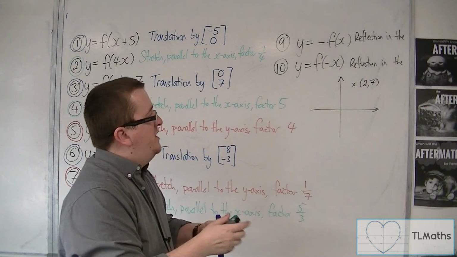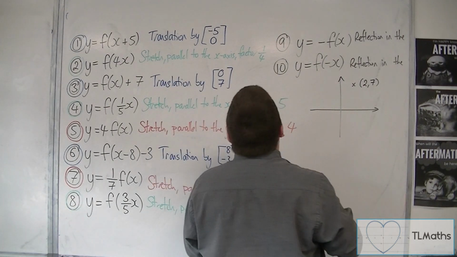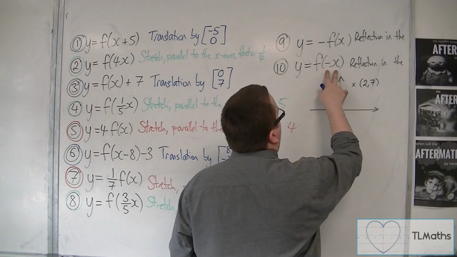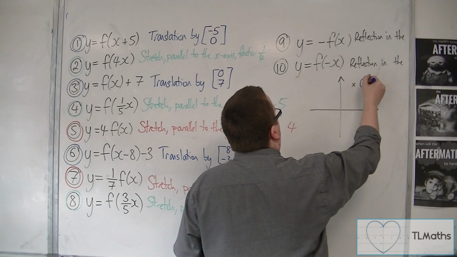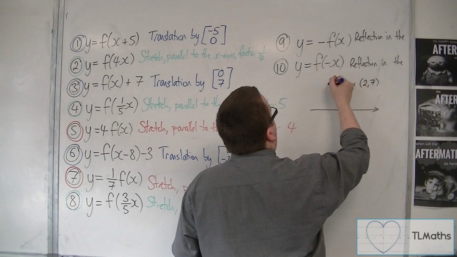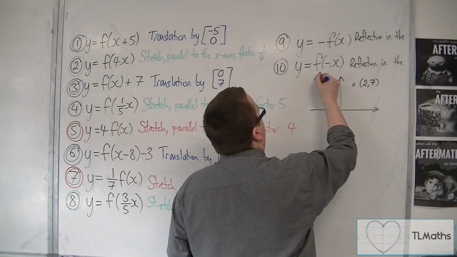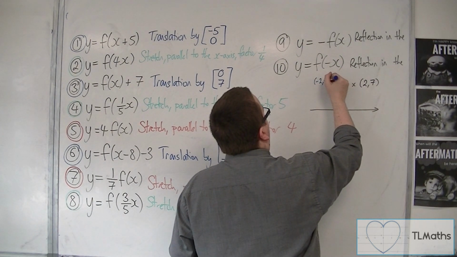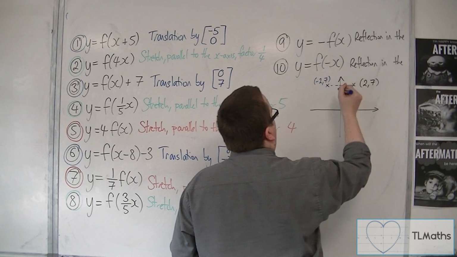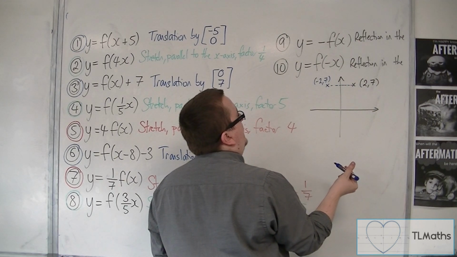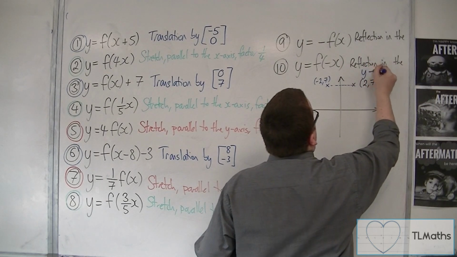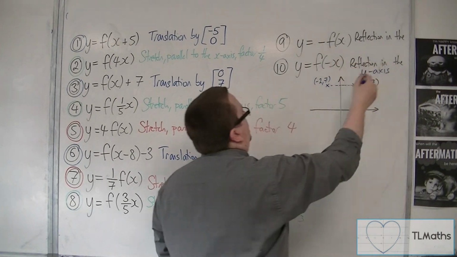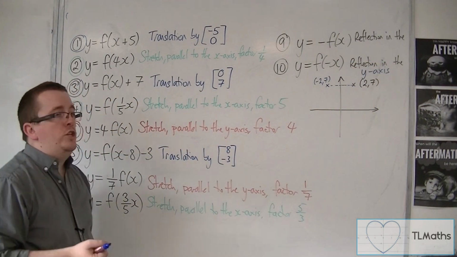Now, the point 2, 7, if I replace x with minus x, then that means that I've replaced the 2 with minus 2, and that means I now have the point over here. So this has reflected the point in the y-axis. So this number 10 is a reflection in the y-axis.